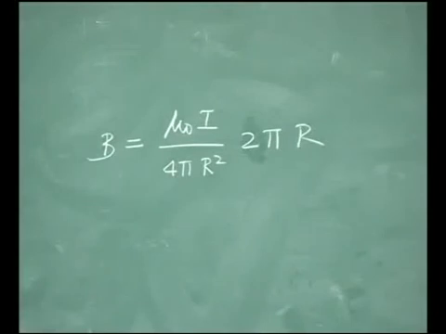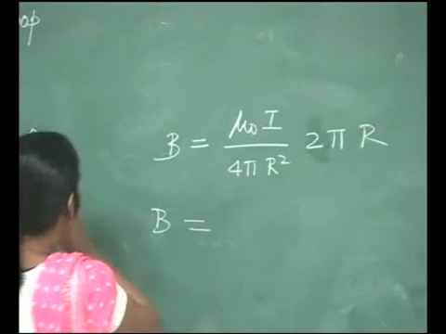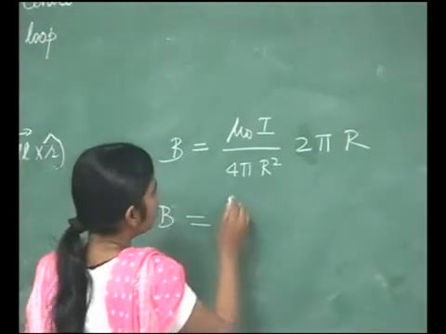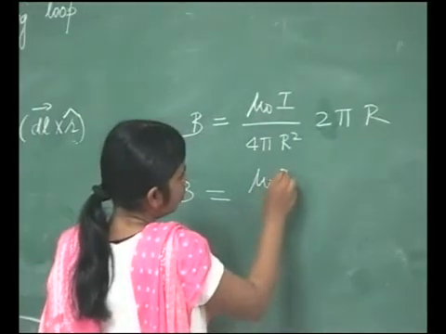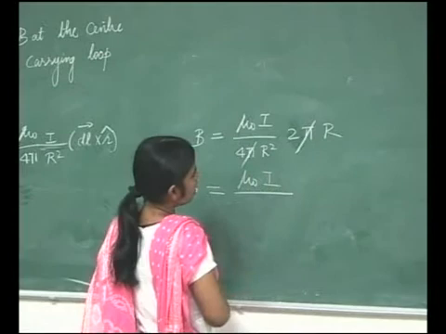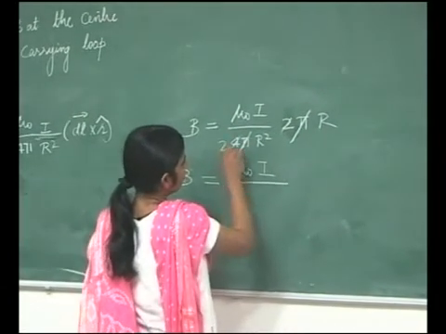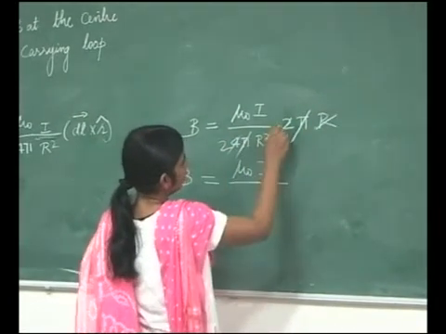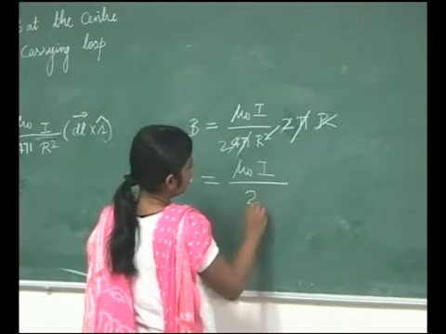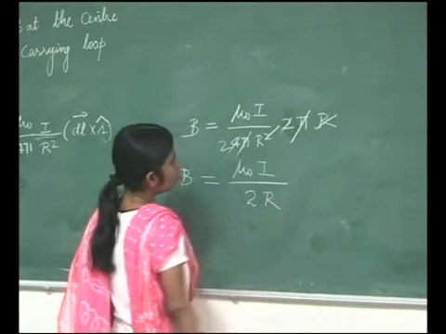To be specific, let us have the vector sign here. So I have mu 0 I over 4 pi r squared times 2 pi r; cancelling pi's and the 2, and cancelling r, I have mu 0 I over 2 r.